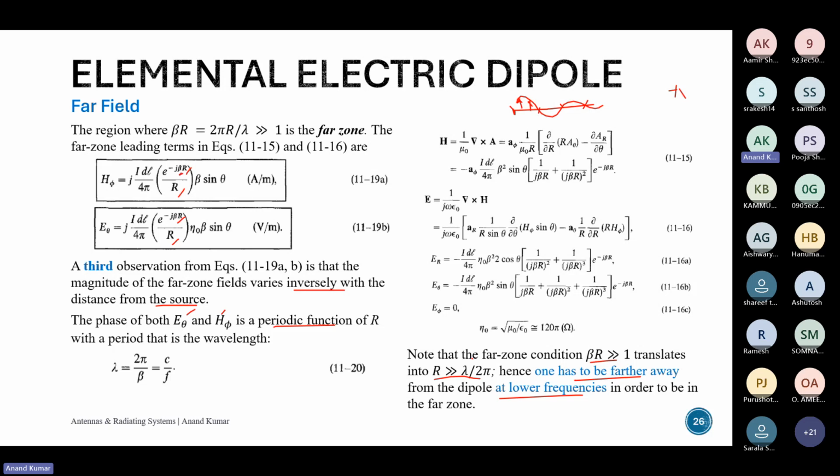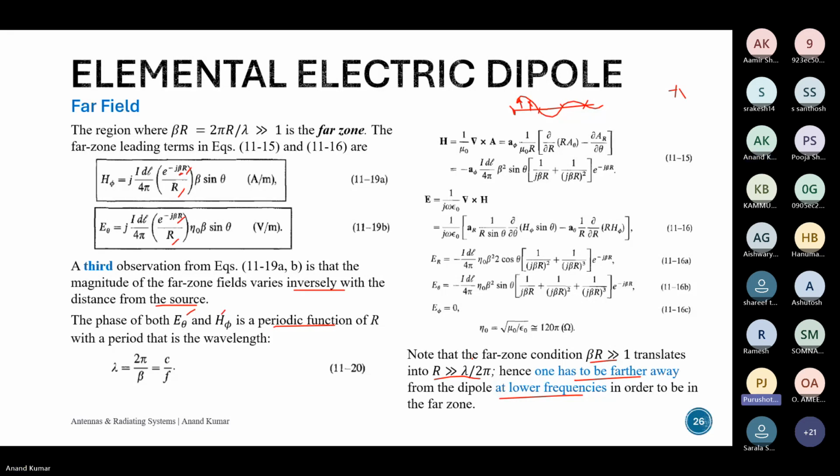Will that change the polarization? For example, we are transmitting horizontal polarization. Once we receive at the end, will it be vertical polarization or the same horizontal polarization, if we use the parabolic dish as a reflector?